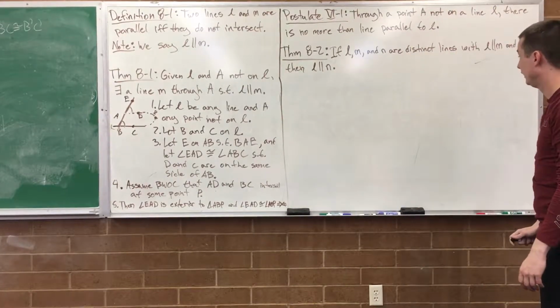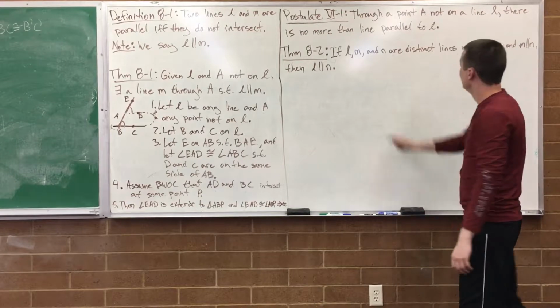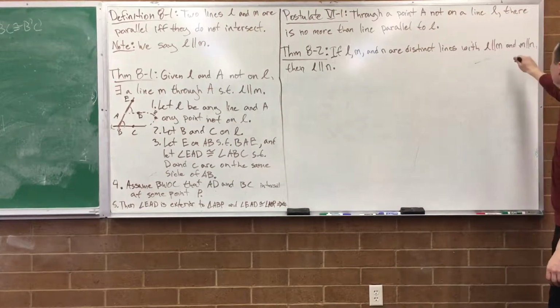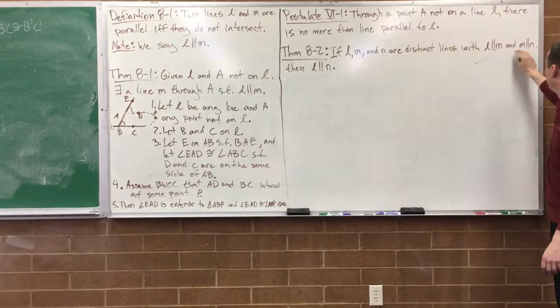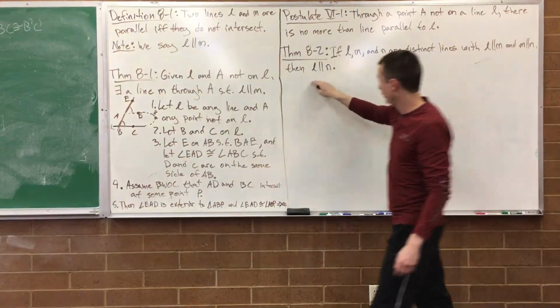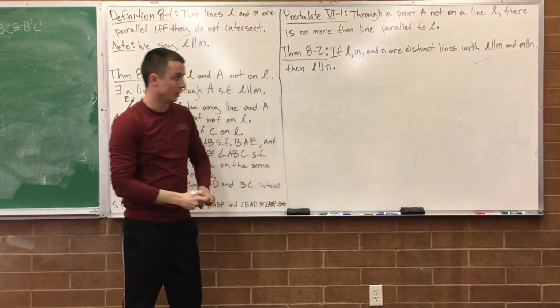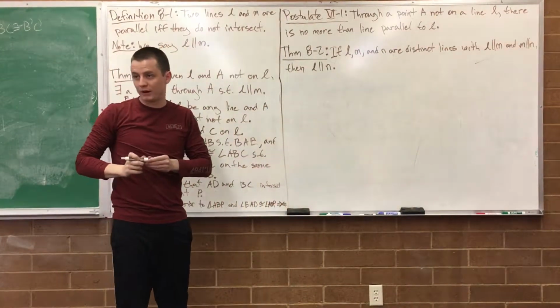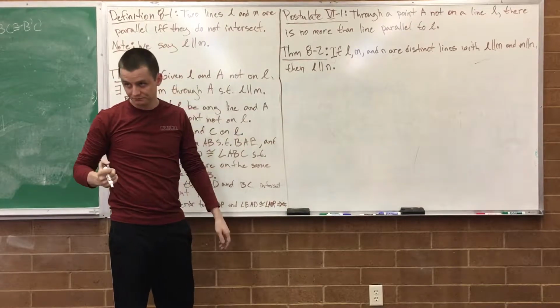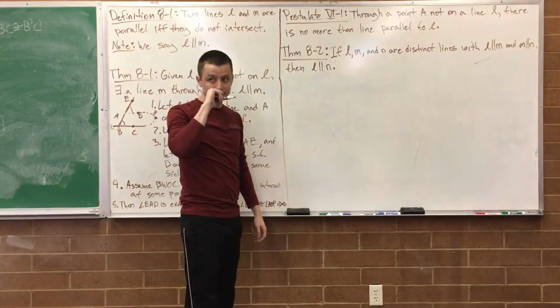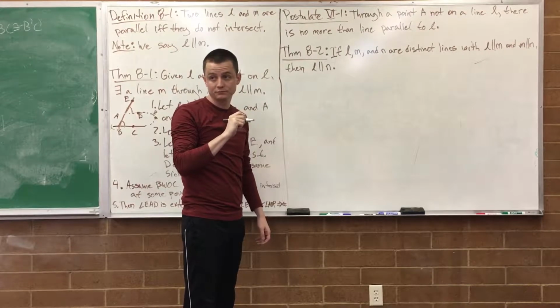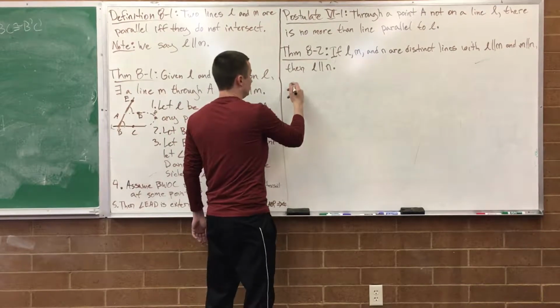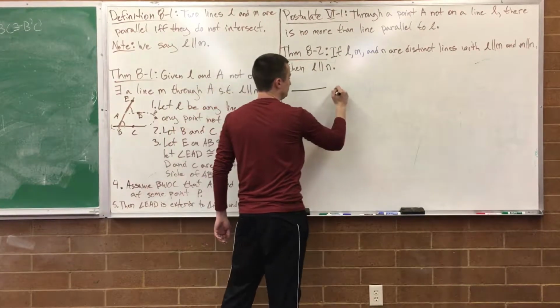So let's move on to the next theorem. If L, M, and N are distinct lines with L parallel to M and M parallel to N, prove that L and N are parallel. So basically proving that parallel is transitive, right? Let's draw the picture real quick.